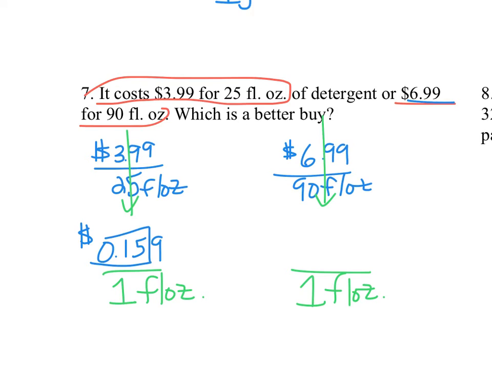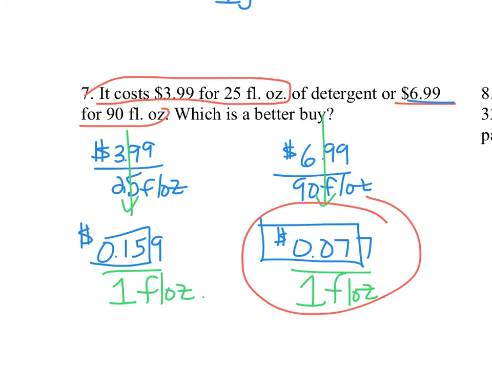This is about 15 to 16 cents for 1 fluid ounce. $6.99 divided by 90 is going to be $0.077, and that's about 7 cents per fluid ounce. So which is the better buy? Probably the $6.99 is the better buy, and you need to label that in your answer.